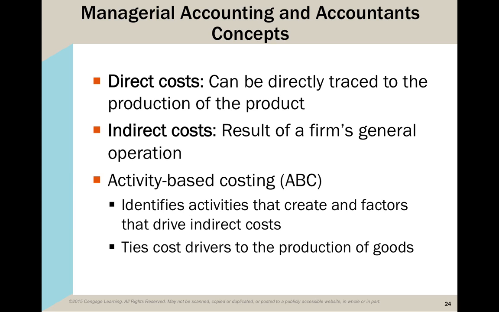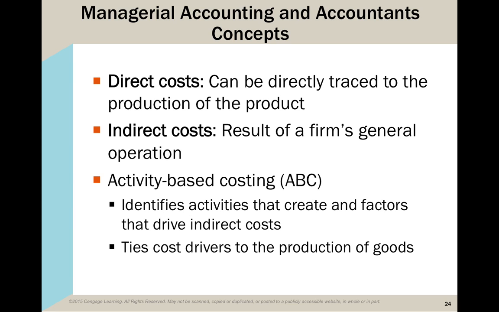Now, direct costs can be directly traced to the production of the product. So we have wages that can be traced to the production line and cost of materials that go directly towards that product. We have indirect costs, which include the costs that a firm incurs for plant maintenance, quality control, or depreciation on office equipment.